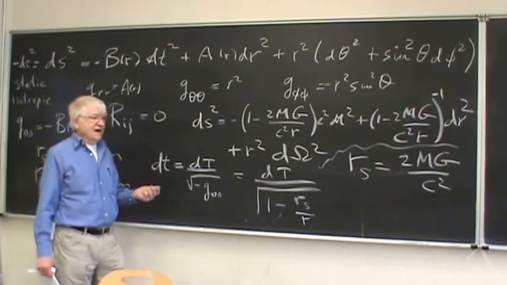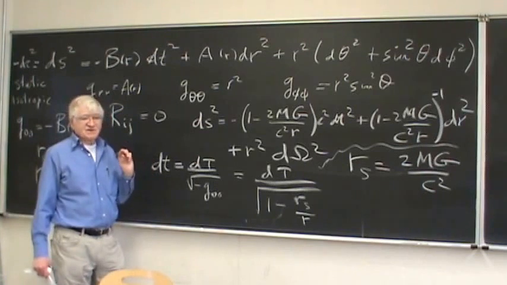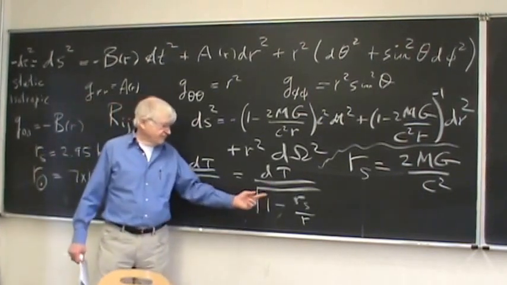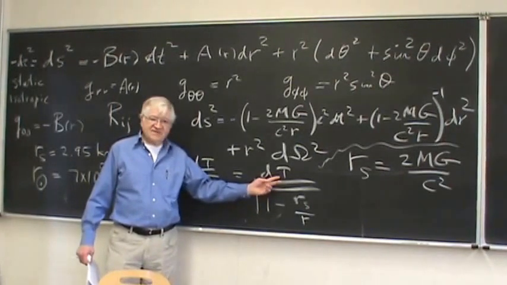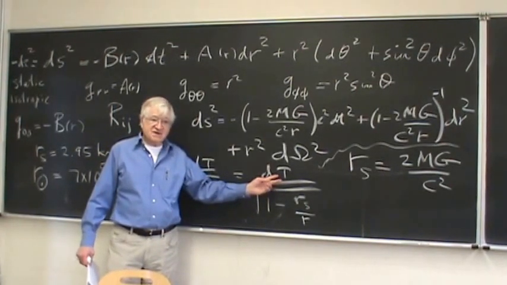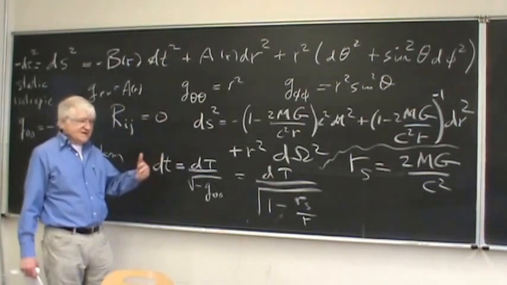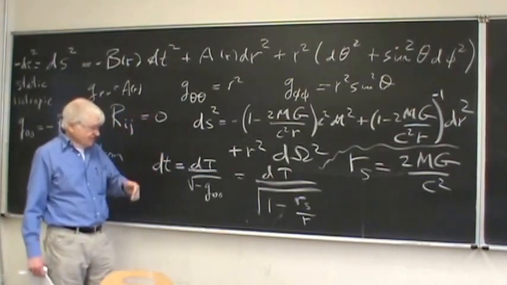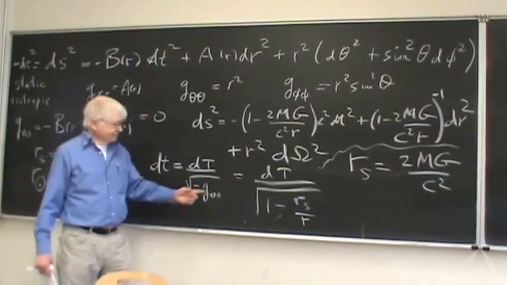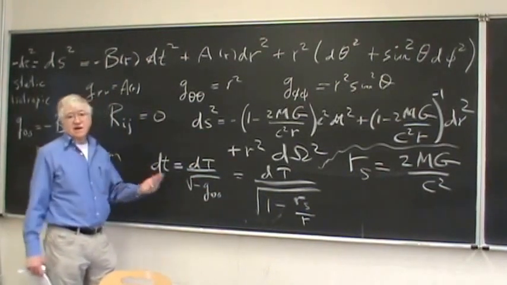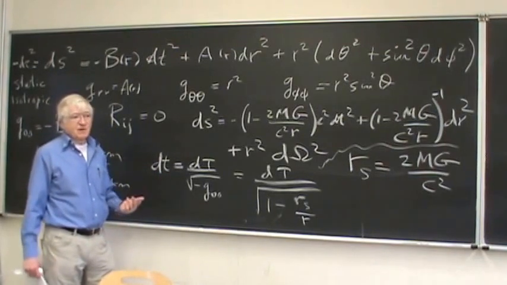Another way of thinking about it is, suppose you have a photon that's emitted just outside the Schwarzschild radius. Well, it'll have its natural frequency associated with d tau between ticks, or between the maxima of the wave. But when we look at it in the lab, it'll be incredibly redshifted down to 0.